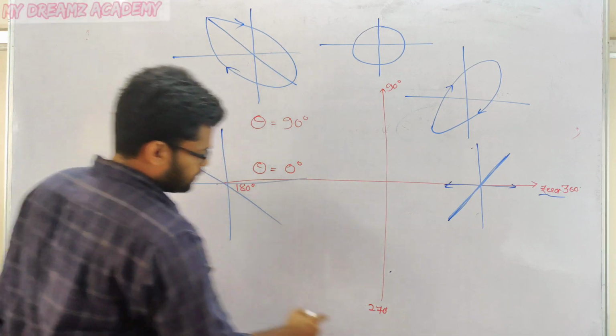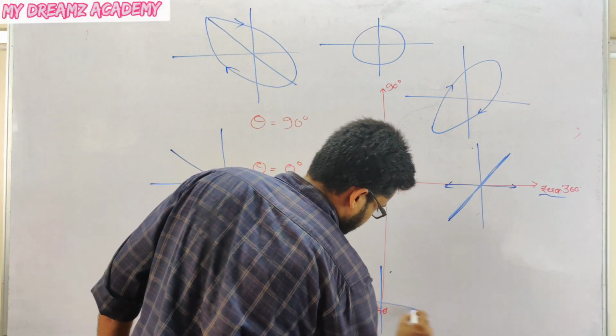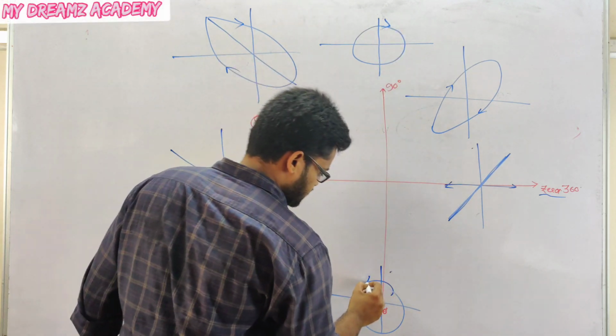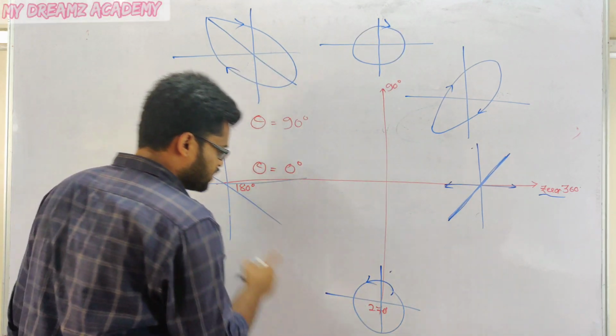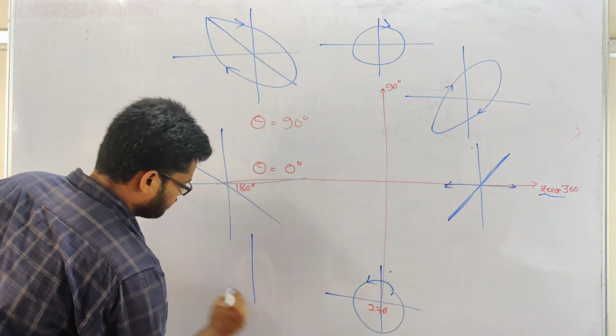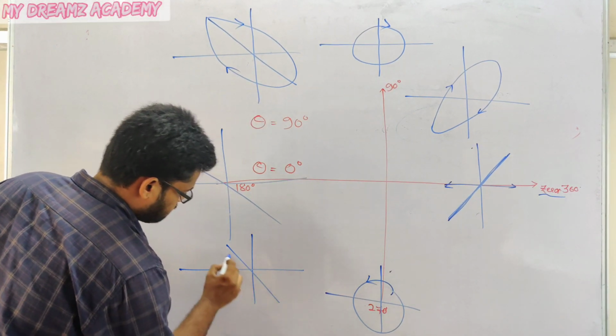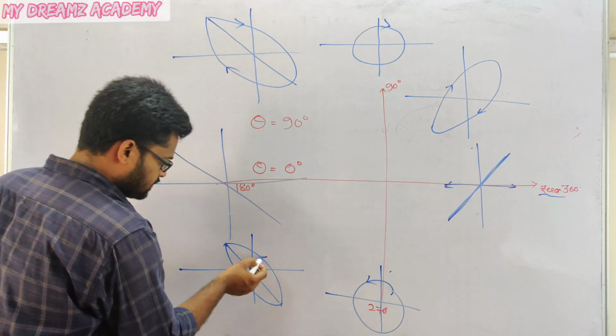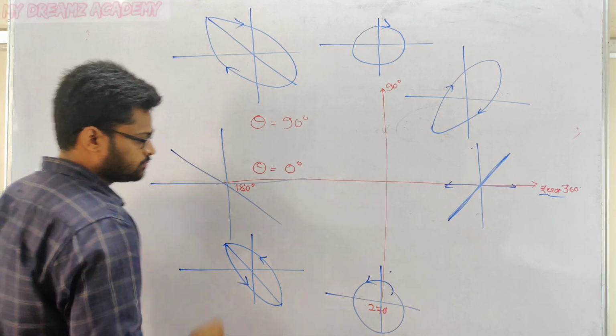Next, if it is 270 degrees, again it will give a circle, but this is clockwise, this is anti-clockwise. In between these two, it will give an ellipse, but in the anti-clockwise direction.